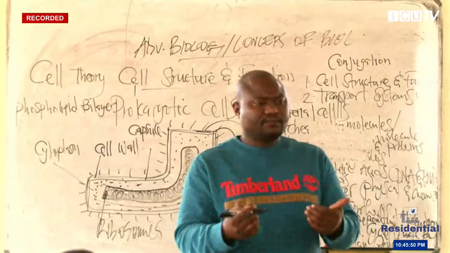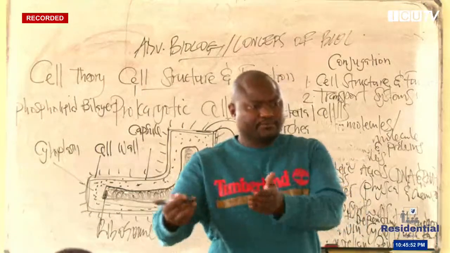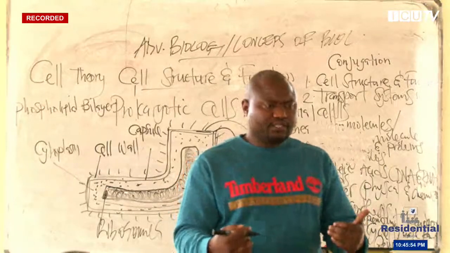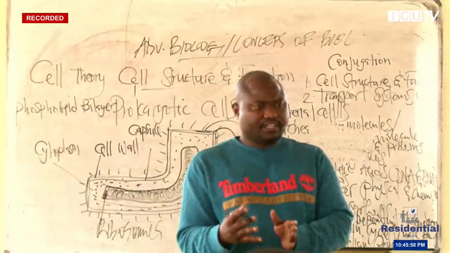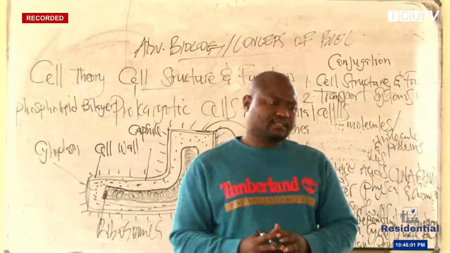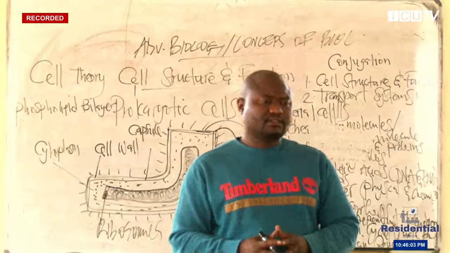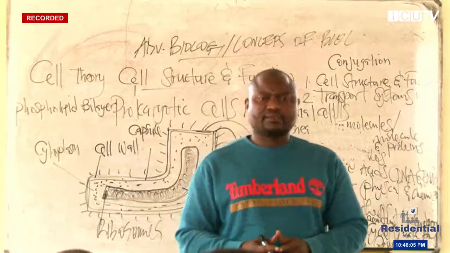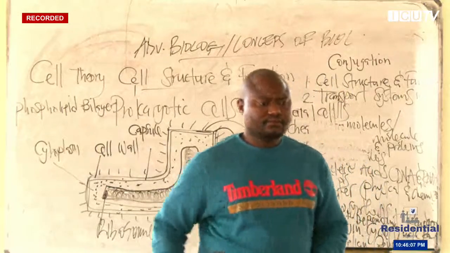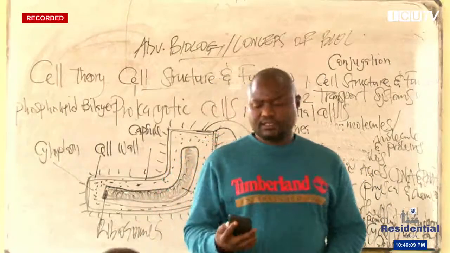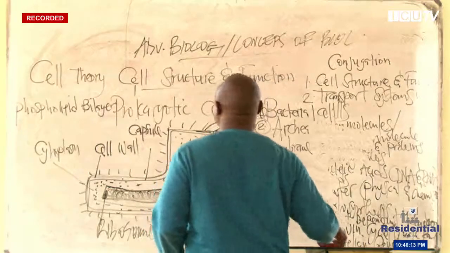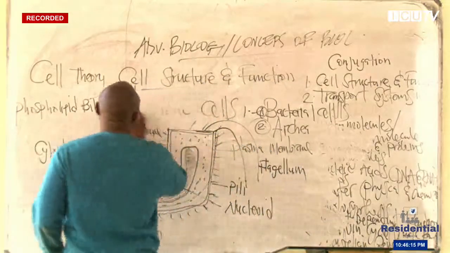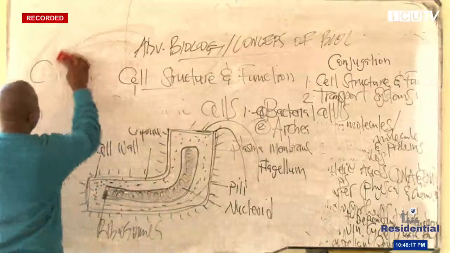It is involved in the process of building proteins from their raw form, which is amino acids. So it plays an important role in that aspect. Any other question? If we don't have any other question, then we move to eukaryotic cells.